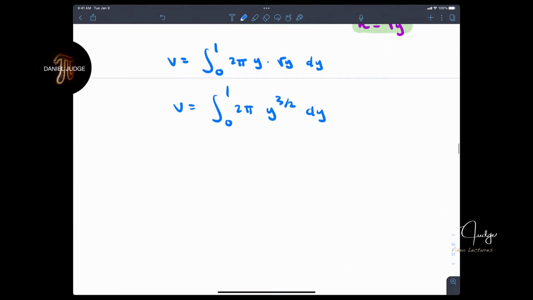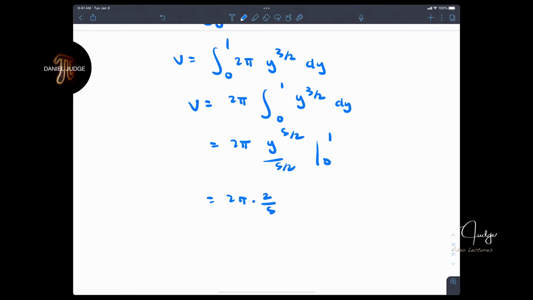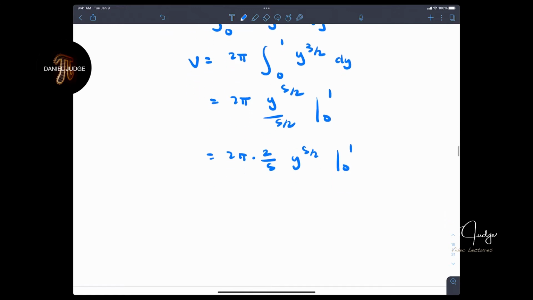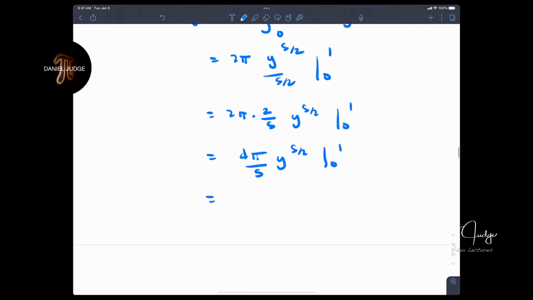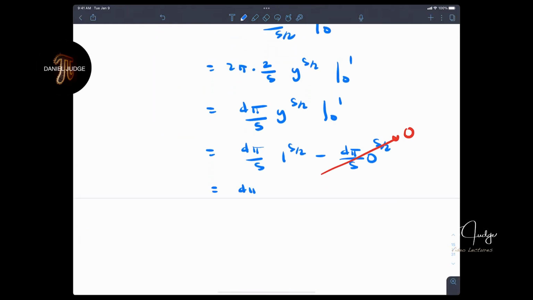Apologize, just looking over my notes here. 2 pi, 0 to 1, pull out your constant. 2 pi, y to the 5/2 over 5/2, 0 to 1. 2 pi times 2/5, 0 to 1. 4 pi over 5, y to the 5/2, 0 to 1. So the answer is going to be 4 pi over 5.